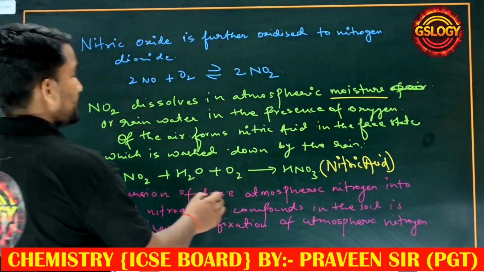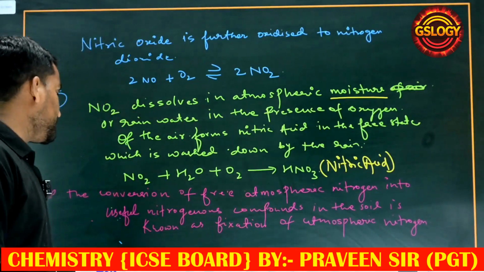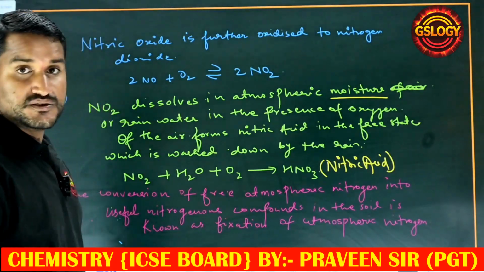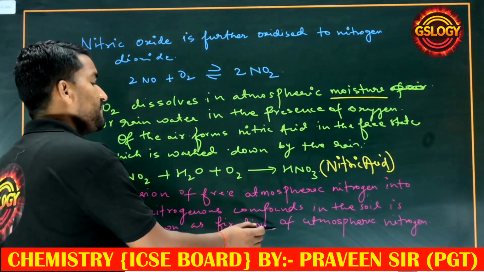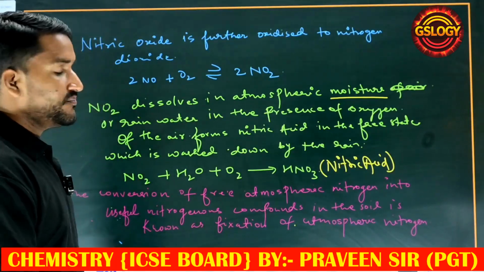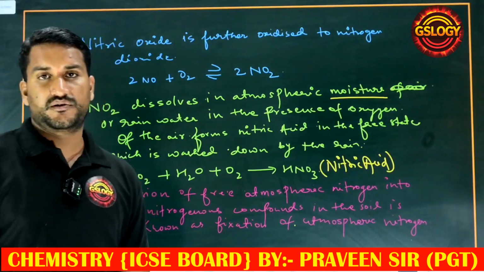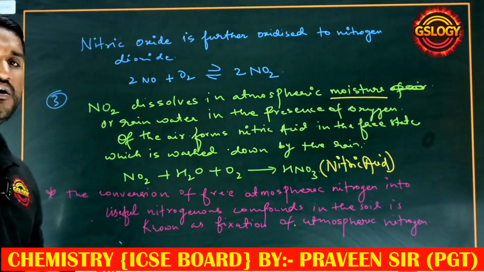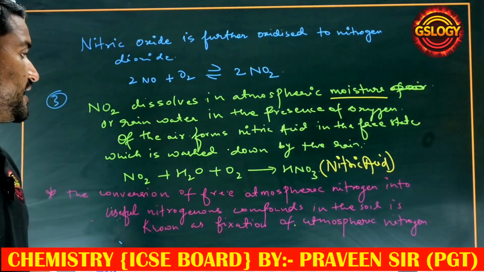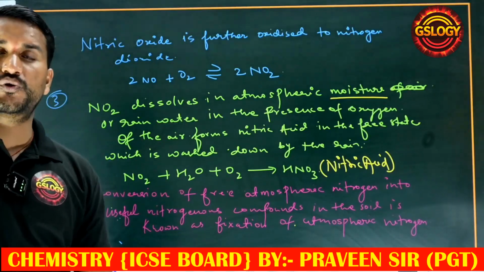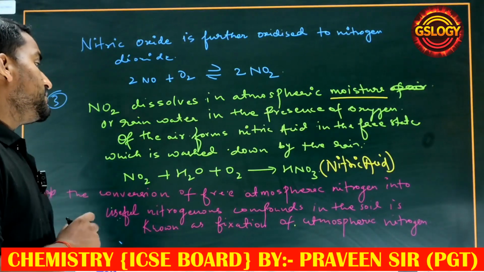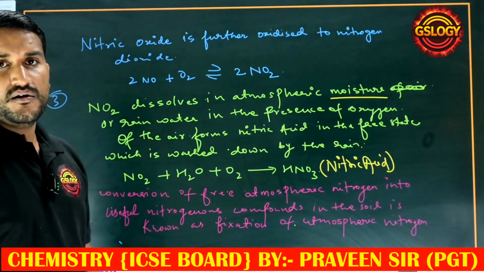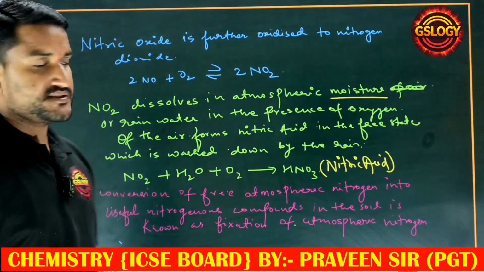The conversion of free atmospheric nitrogen into useful nitrogenous compounds in the soil is known as the fixation of atmospheric nitrogen, that is, nitrogen fixation.